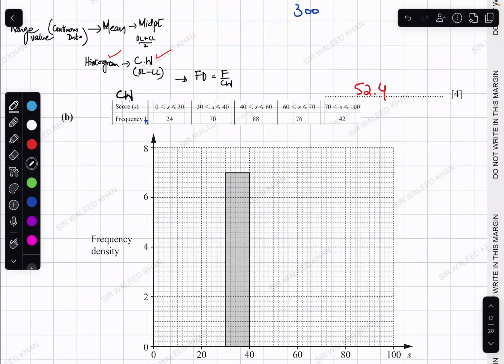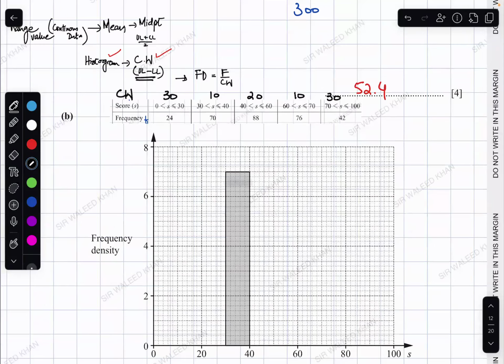You can write the values quickly, if you are confused about that. Class width is upper limit minus lower limit. So 30 minus 0, that is 30. 40 minus 30, that is 10. Then 20, then 10, and then 30 again. This is your class width.